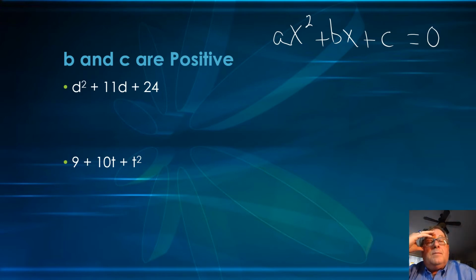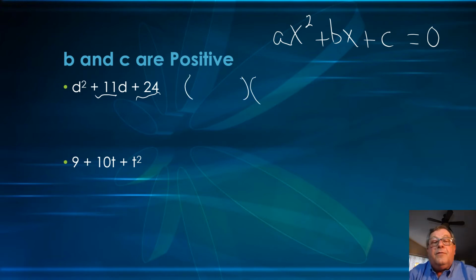Now, let's look at this first expression that we have here, where we got d squared plus 11d plus 24. And we're just being asked to factor it when b, in this case, it's positive 11, and c, 24, are positive. Now, as we go about factoring a quadratic, you might as well just get used to writing two sets of parentheses.